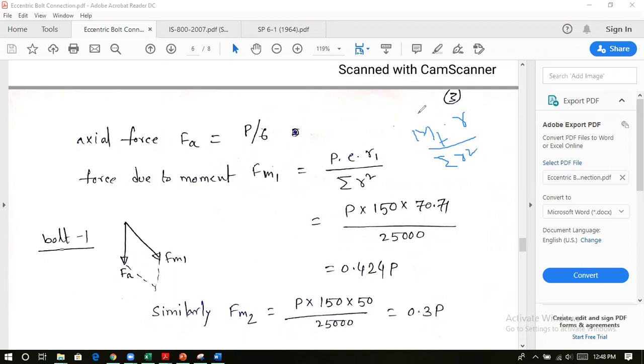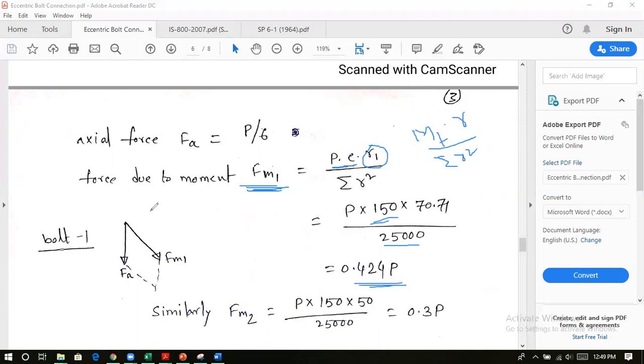So MT is simply replaced with P into e, and since we are calculating for the first bolt, we have a subscript of 1, so the radial distance will be R1, and the summation of R square we have already found out. Since we have to find the safe load, P we have to find. E is given as 150 mm, R1 is 70.71, and this value we have found out as 25000. So we'll get a value of 0.424 P.